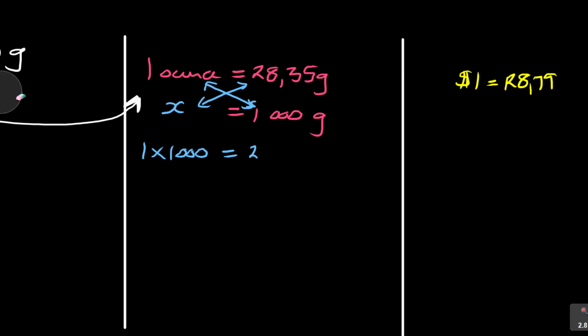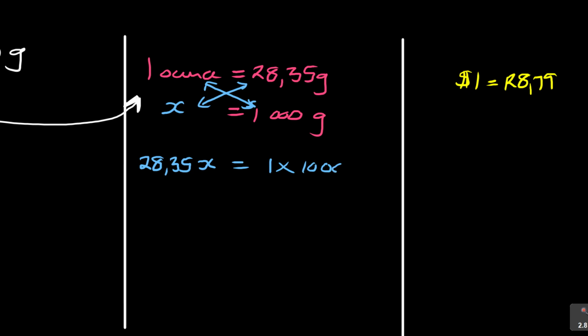Let's start with the x one. It doesn't matter whatever you start with. I just wanted my x on the left hand side. So it's 28.35x is equal to 1 times 1,000.